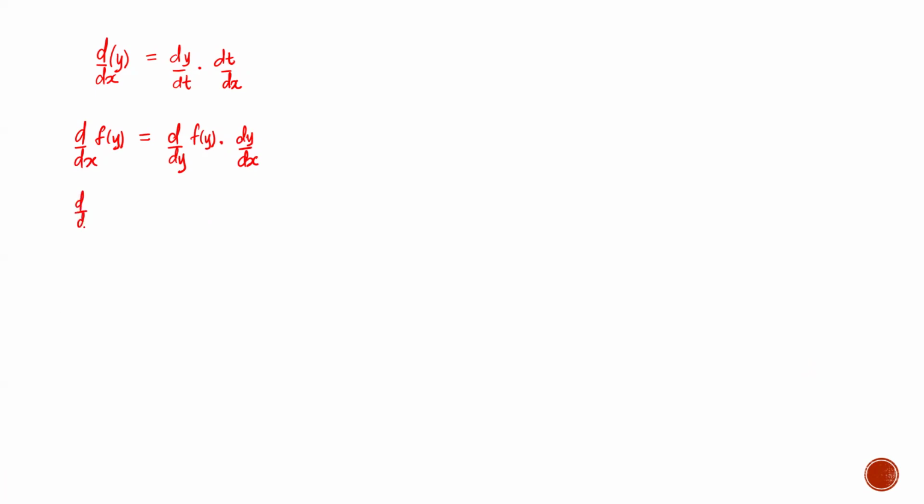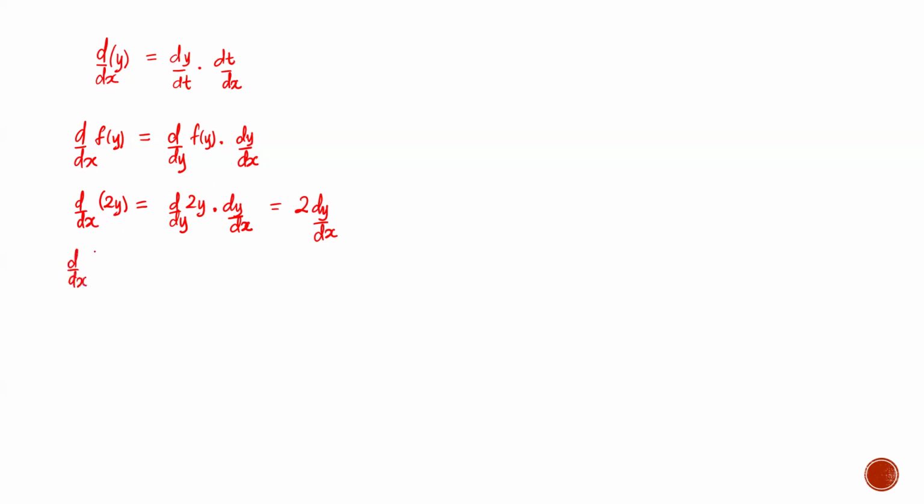Let's check this out for a few examples. If we were differentiating 2y with respect to x, this would be the derivative of 2y with respect to y first, multiplied by the derivative of y with respect to x by the chain rule. We know that the derivative of 2y with respect to y is simply 2, and we don't exactly know y as a function of x, so just write this as dy/dx. So the derivative of 2y with respect to x is simply 2 dy/dx.